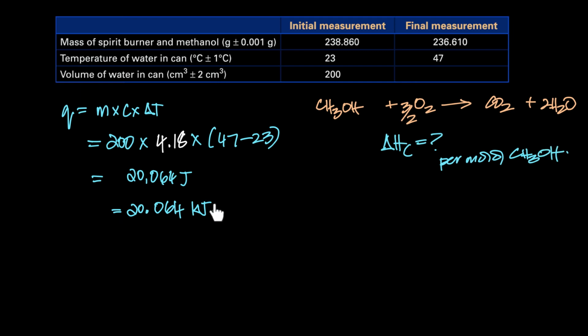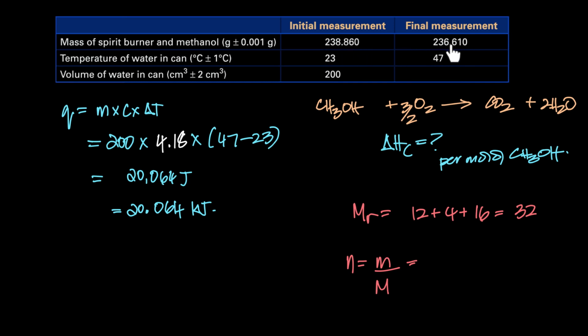So this is the heat change for a certain mass of methanol burning. For that, I want the formula mass of methanol. In this case, it's an organic compound, so I can say Mr. The Mr of this is 12 plus 4 plus 16, that's 32. Now, what I want to know is the moles of methanol burning. So it'll be mass over molar mass. What's the mass burnt? It's the difference in mass only.